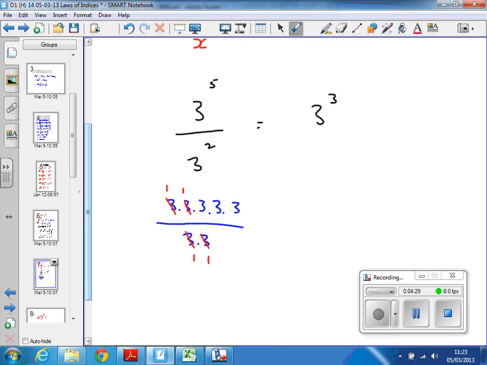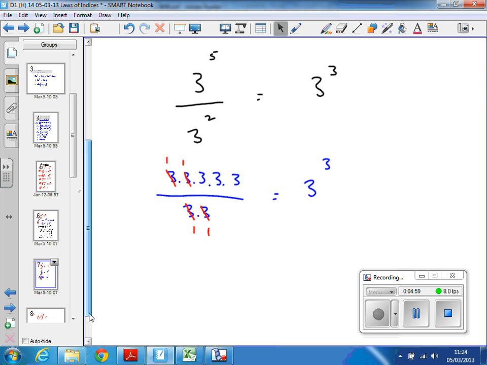So I can actually cancel out 2 3s at the top with 2 3s at the bottom, leaving just 3 3s at the top, which is 3 cubed. So that shows it. There's some cancelling going on, which is why you subtract powers. I could do a similar thing with fractions, but I'd subtract instead of adding. And I could do a similar thing with negative numbers.